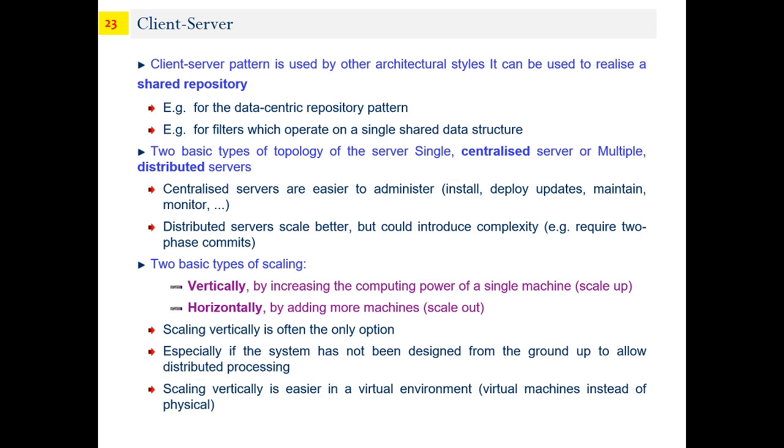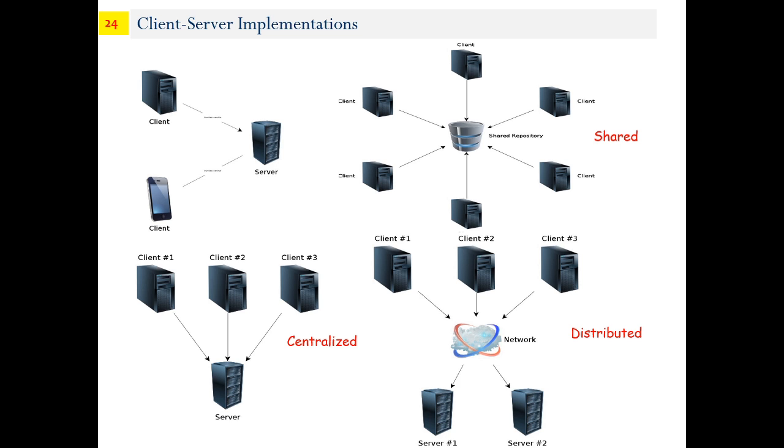Likewise, thread management, process management, working around with forks, working around with joins, isn't it? And then there are the implementations of the client server architectures. You can see there is a client, mobile client, desktop client connected to a server. Then there are multiple clients connected to a server.